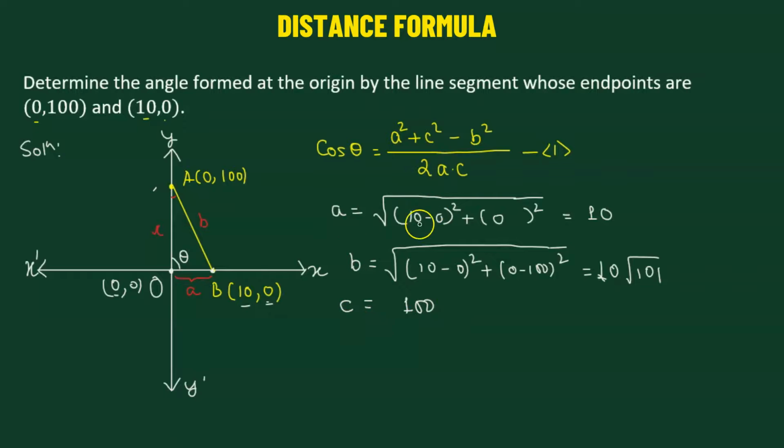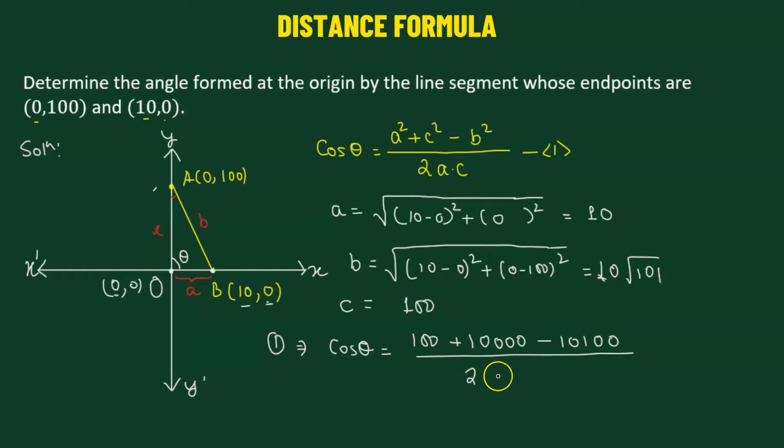Now that we have the values of a, b and c, we can substitute all of these values back in equation number 1, such that it gives us cosine of theta equals a squared, so that's 100, plus c squared, 100 squared, so that's 10,000, and from it we subtract b squared, 10 times the square root of 101 squared, so 10100, whole divided by 2 times a, so a value is 10, times c, so c is 100. This gives us the value 0.